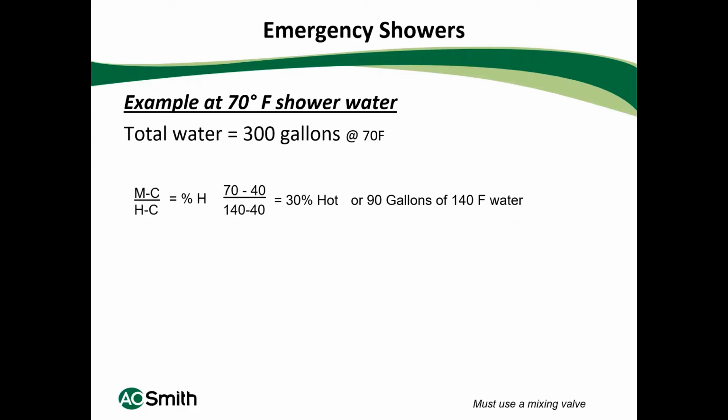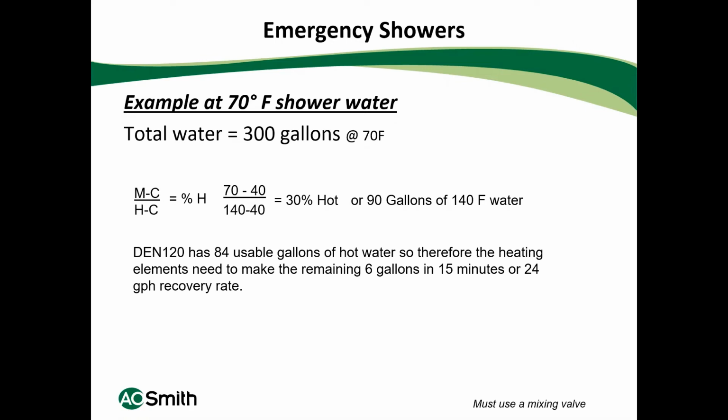So I use our mixing formula to determine how much of it's going to be hot: (M minus C) over (H minus C), where M is your mix temperature, C is your cold, and H is your hot. I've determined that 30% of my 300 gallons is going to be hot water, so I need 90 gallons of 140-degree Fahrenheit water from my tank.